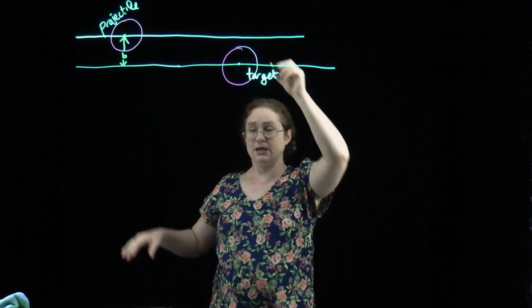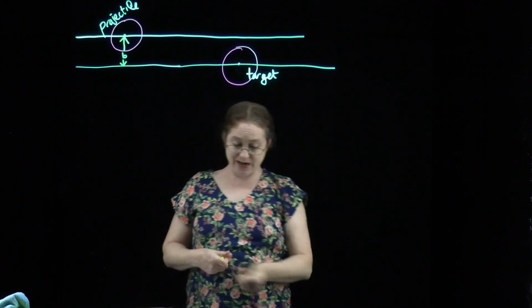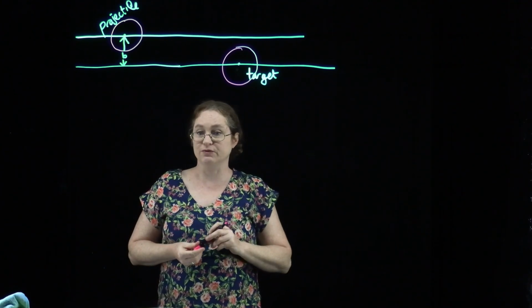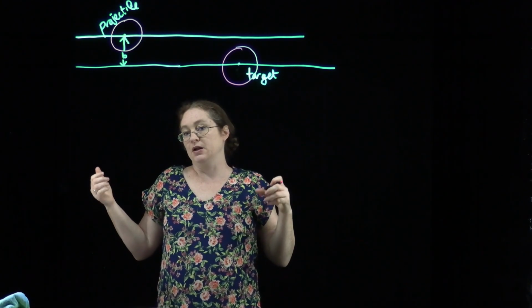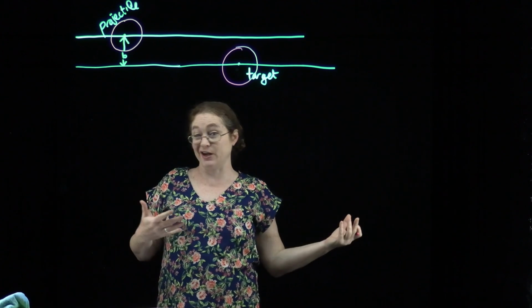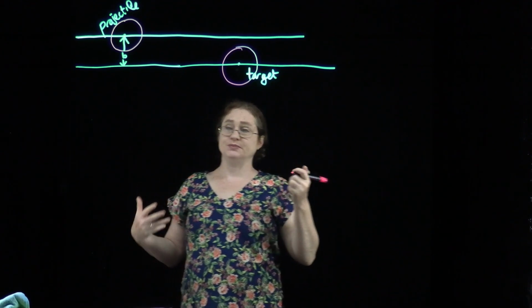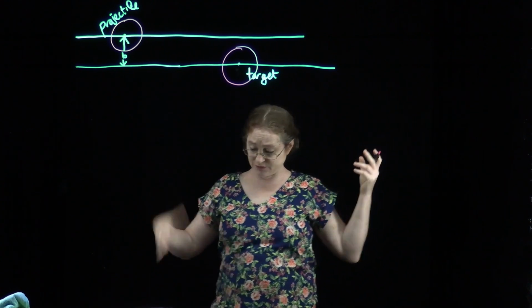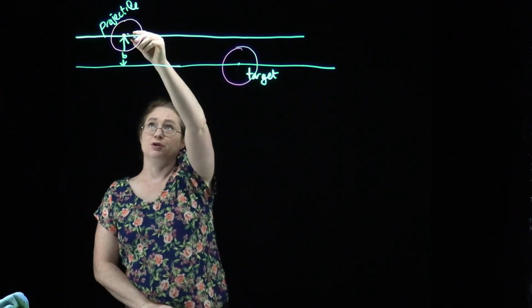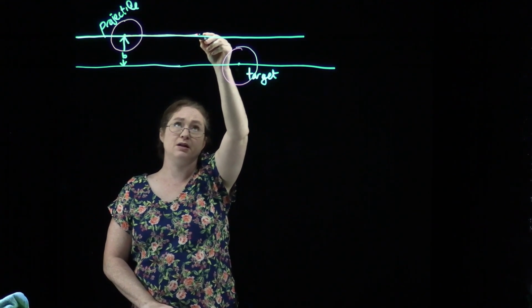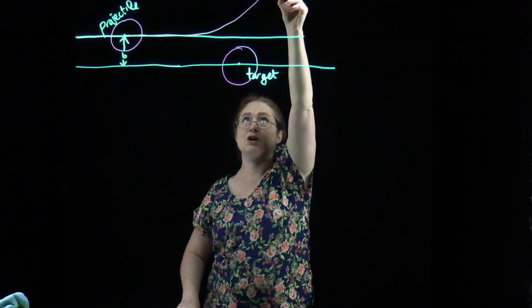And then what actually happens to the projectile? We will first consider a case where the projectile and the target are not modified by the collision. They're just deflected. So the projectile comes in. Here, this is the trajectory of the projectile. It is going to be deflected by the target.